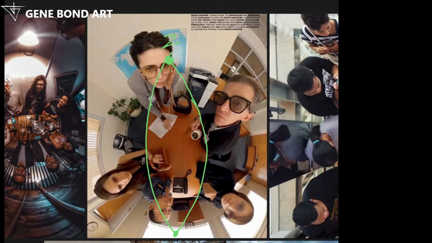Z vanishing point, front and back. X, right? There, X. And okay, kind of here. So then I say, okay, here, it's our Y vanishing point.